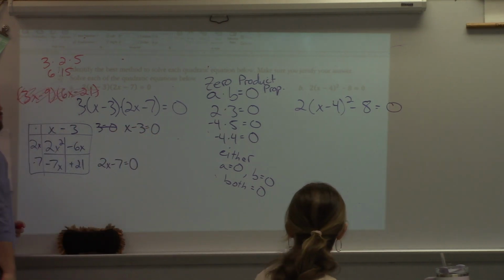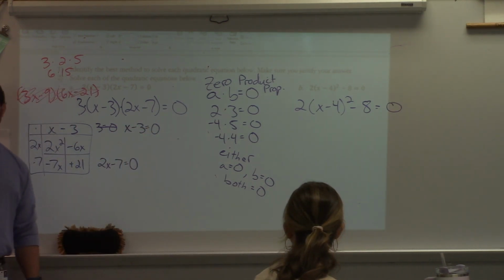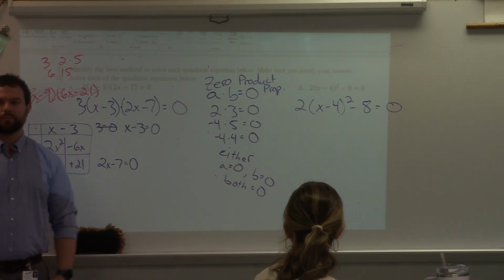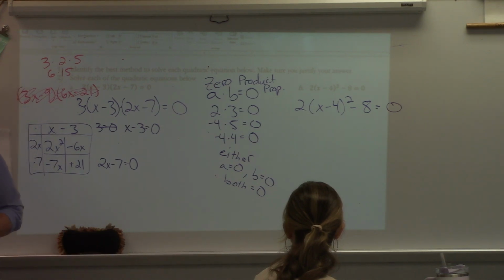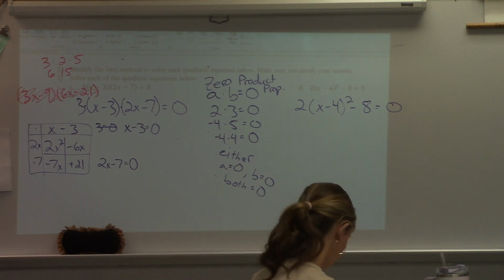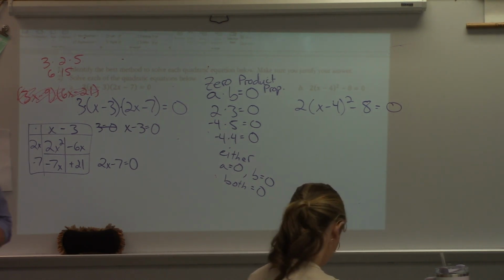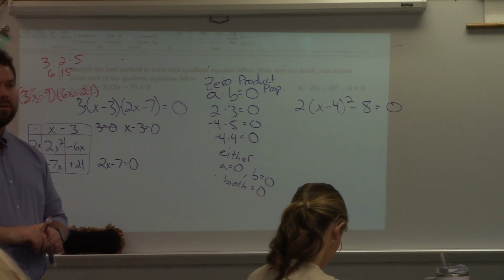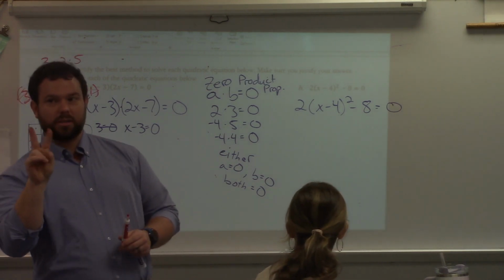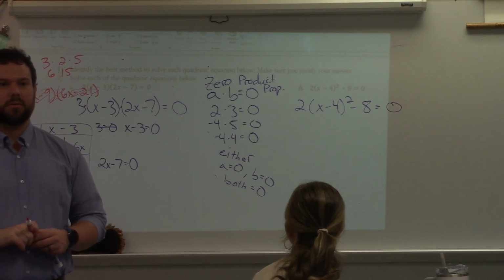What do I do here? By the way, I want to point this out. How many times do I see my variable in this equation? So what can I use when I only see my variable one time? Yeah, but how do we solve it? That's what I'm asking. There's two words or phrases I'm looking for.